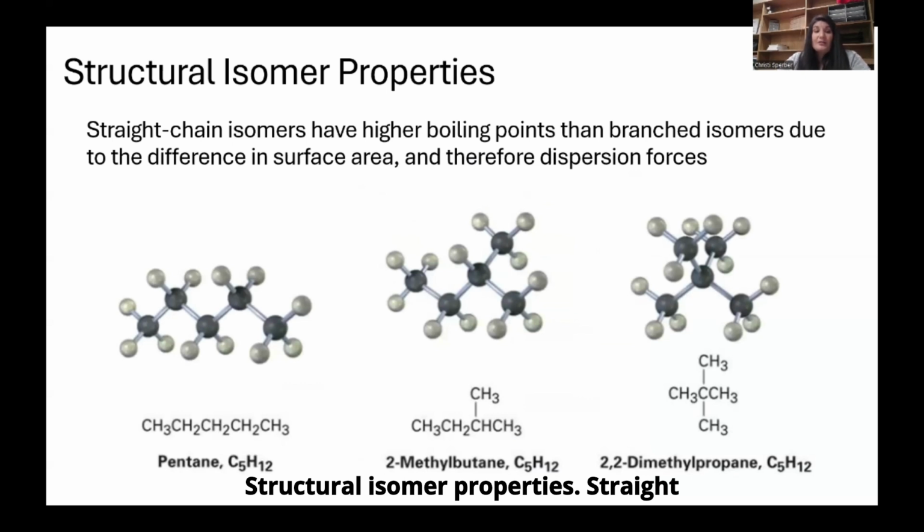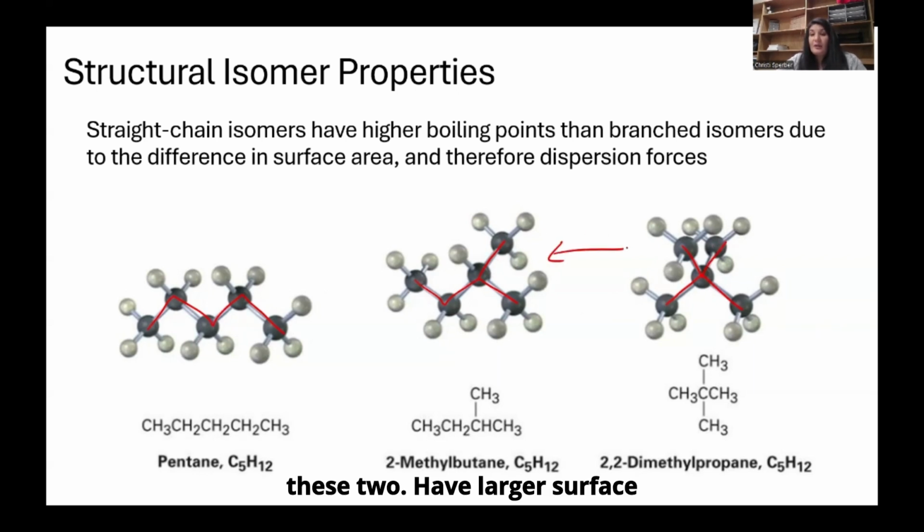Structural isomer properties. Straight chain isomers have higher boiling points than branched isomers due to the difference in surface area and therefore molecular dispersion forces. So you see that pentane is a straight chain alkane. 2-methylbutane has this branch off of it, and then 2,2-dimethylpropane has 2 branches off of the same carbon.